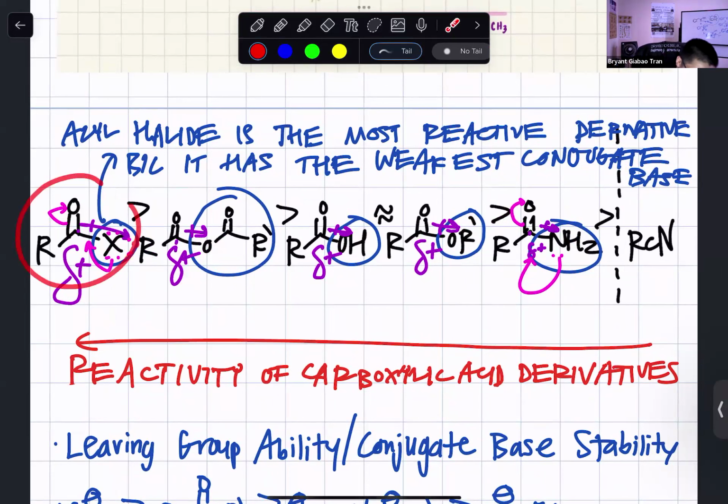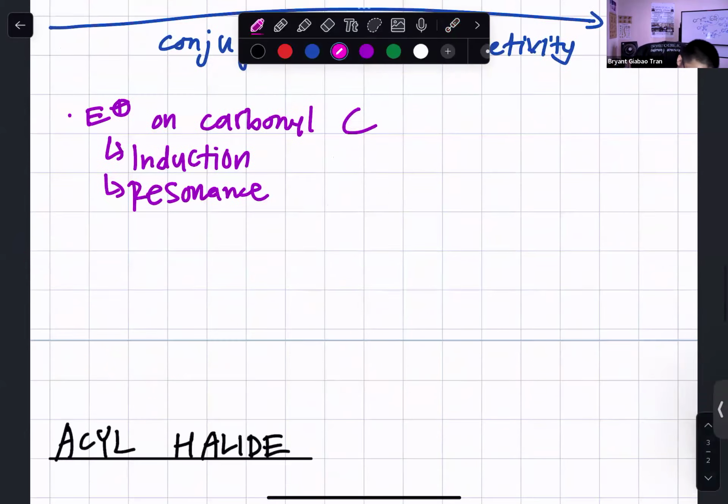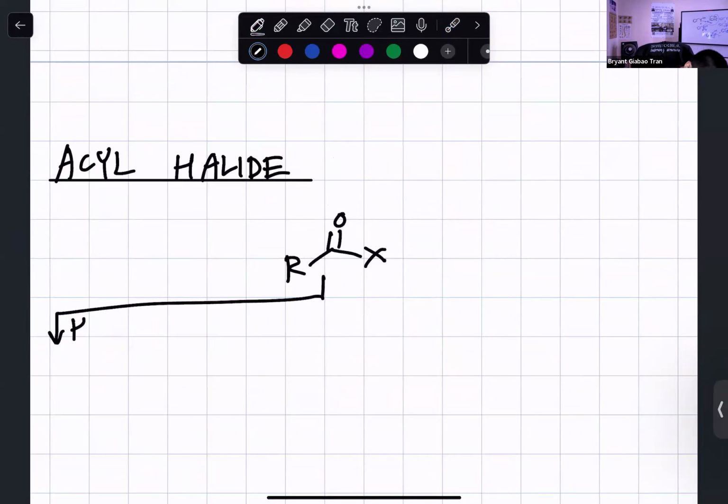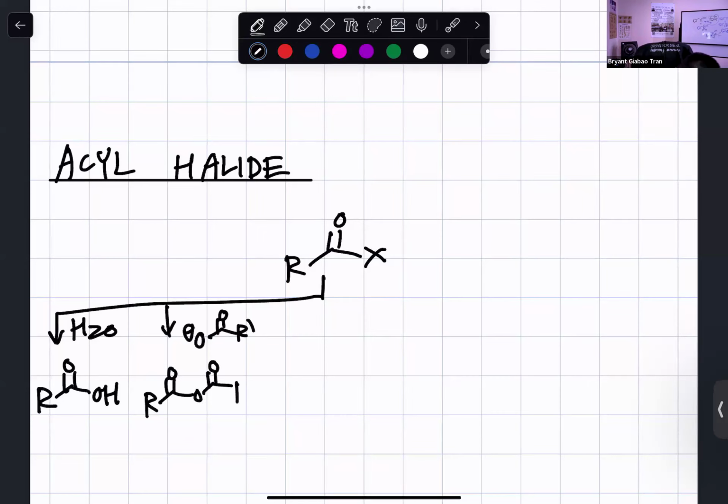The acyl halide will be the one that can do the most reactions because it is the most reactive. So let's say we have this acyl halide right here. We can do hydrolysis by adding neutral water, which would convert that acyl halide back into the carboxylic acid. We can convert this acyl halide into an anhydride by adding a carboxylate, where this carboxylate will be the nucleophile that attacks that carbonyl carbon and goes through the whole mechanism.